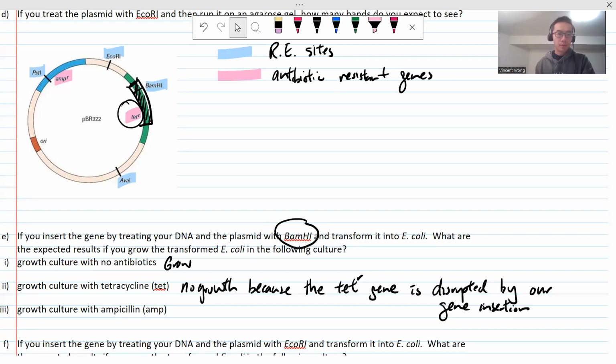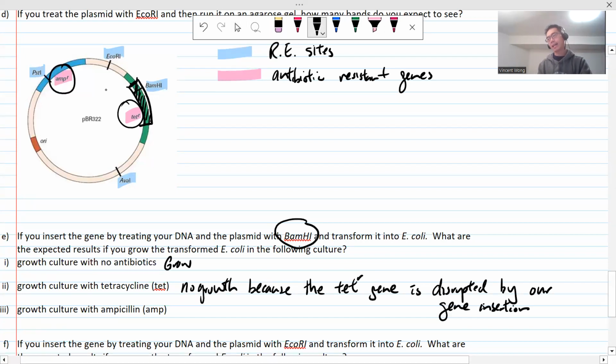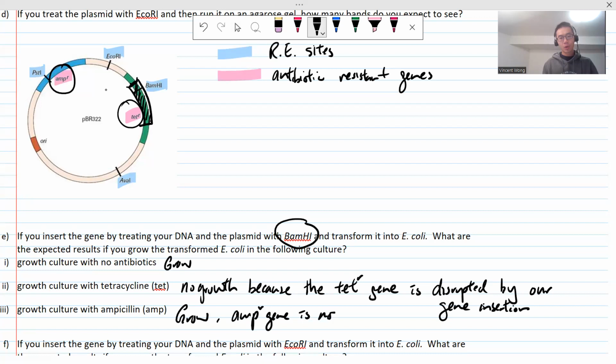They will grow. That's right. Because the ampicillin resistant gene is intact, right? It has not been disrupted by our insertion. So they will grow. Okay? Ampicillin resistant gene is not disrupted. Okay?